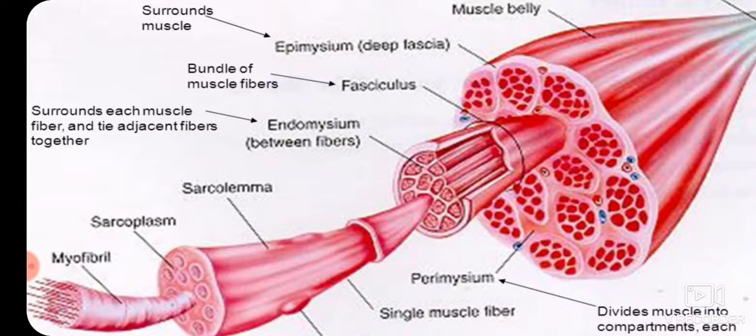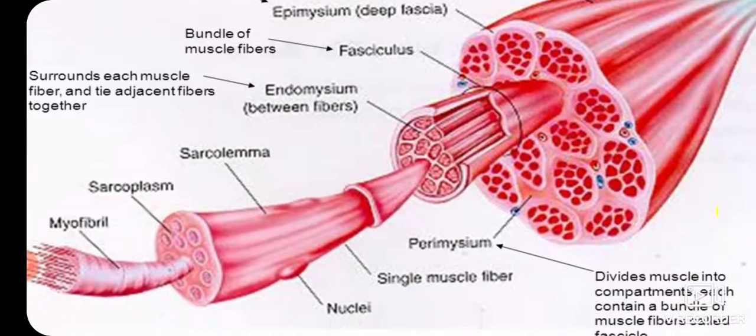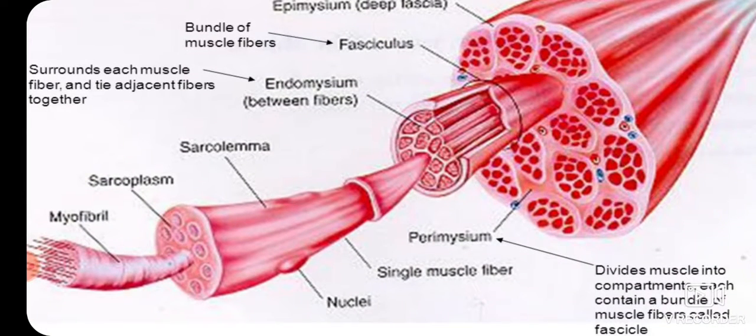One is the epimysium, the deep fascia that surrounds the muscle. The second fascia layer is the perimysium, which divides the muscle into compartments. Each contains bundles of muscle fibers called fascicles.